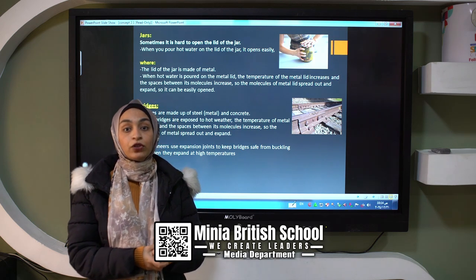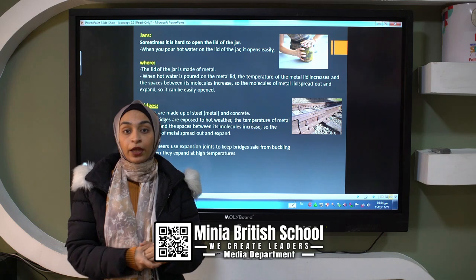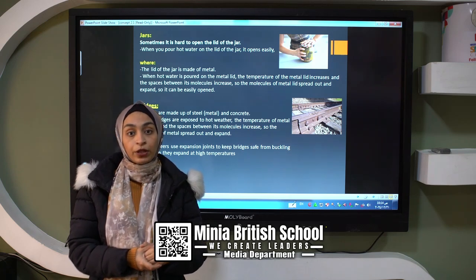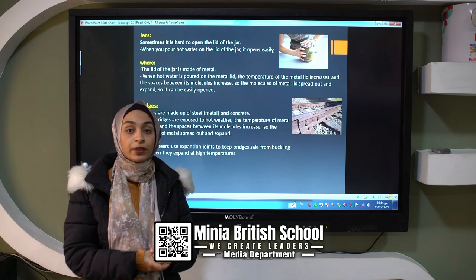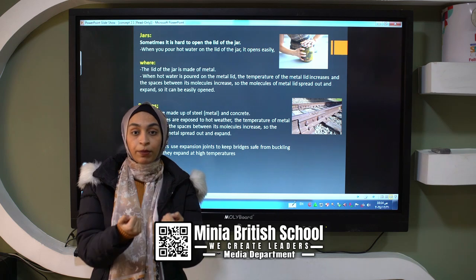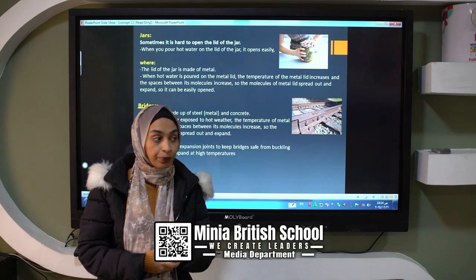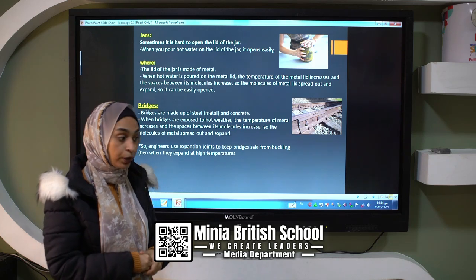Engineers leave small spaces between the railway bars or railroad tracks to avoid train accidents and to let them expand safely and keep them from buckling or bending. Then this wraps up concept 2.1.